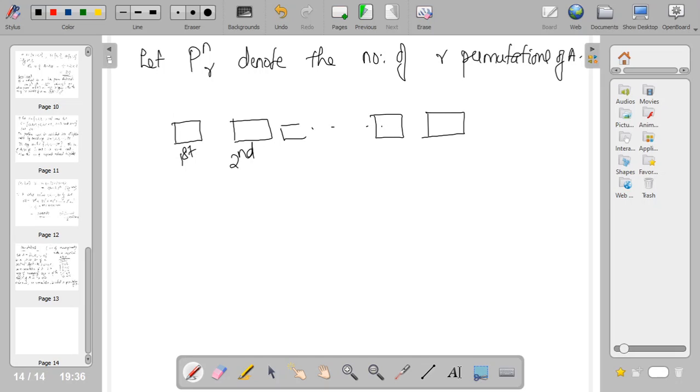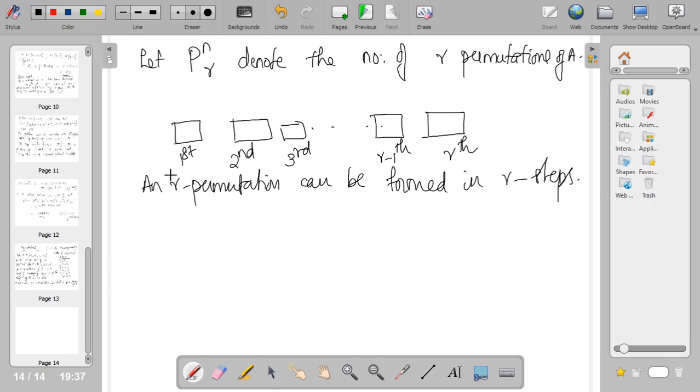r steps. So the first step will be to choose an object from A and put it in the first position.